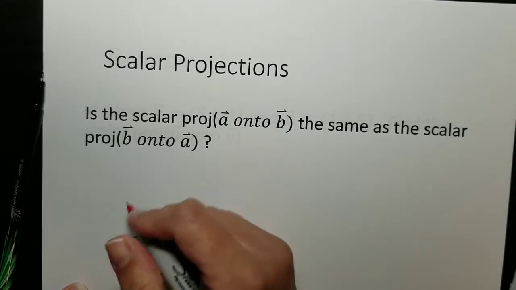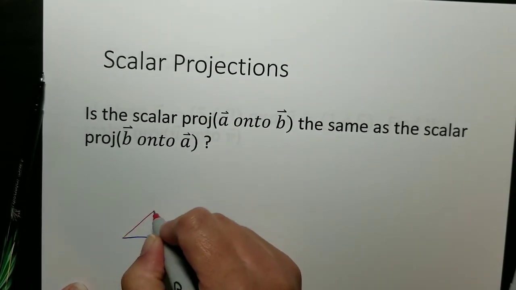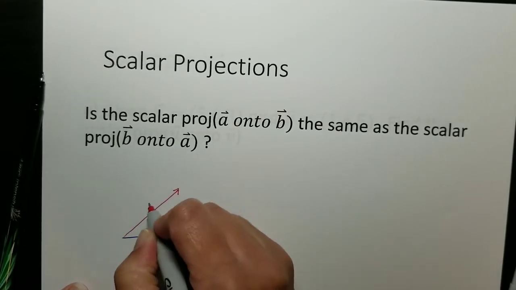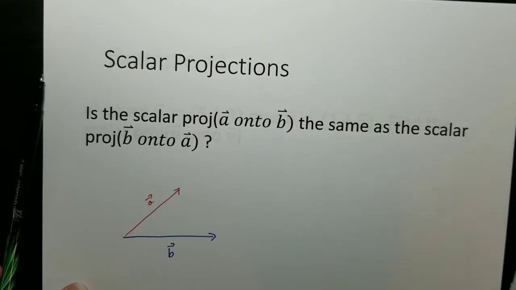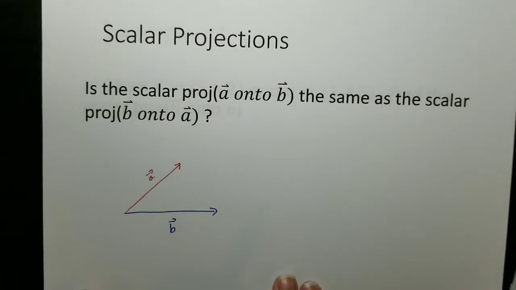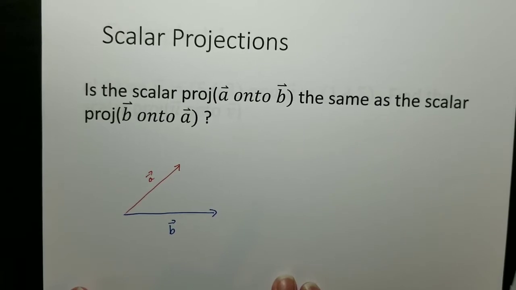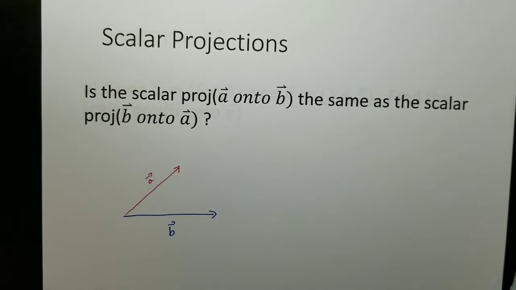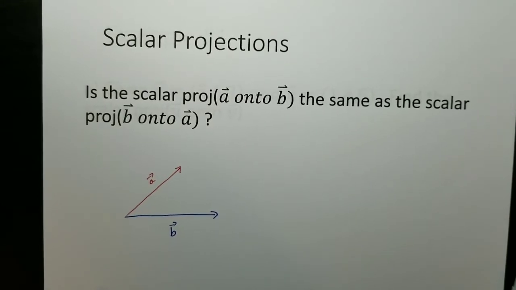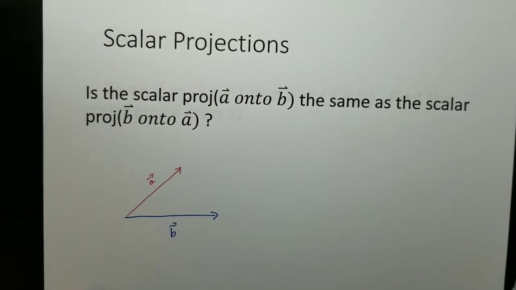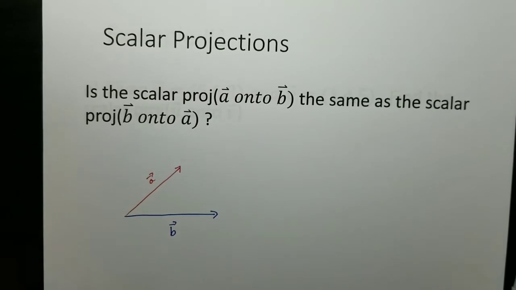Neither a diagram nor a numeric example is actually a proof of anything, but hopefully this will convince you, and then we can look at what the actual equations are and see when and if these two things are equal.